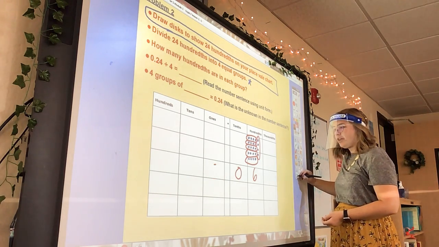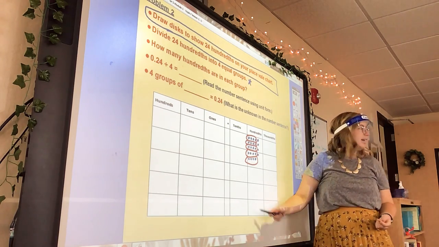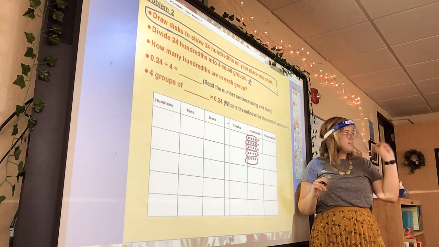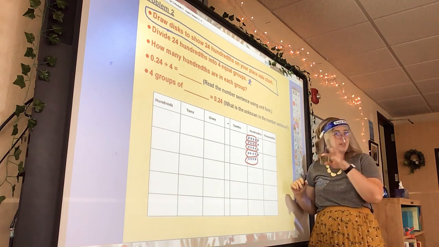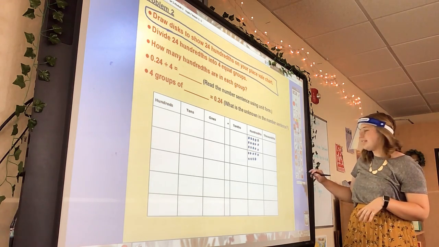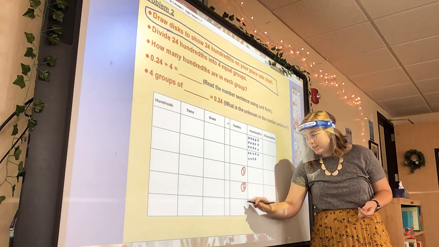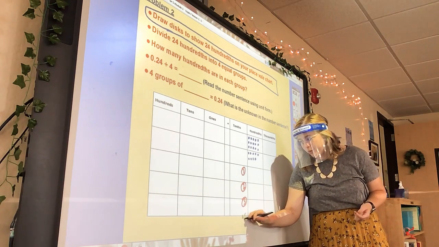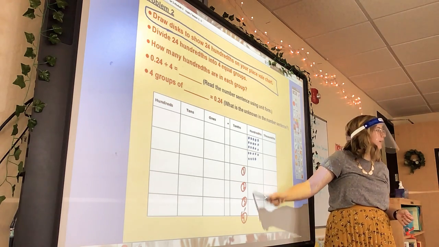Raise your hand if you did the other way, where you made like 4 groups and then placed them in there. Okay, I'm not seeing an even split, so I don't know. So like raise your hand if you did the other way, where you had like 1 group, 2 groups, 3 groups, 4 groups, and you went like 1 in each until you ran out.